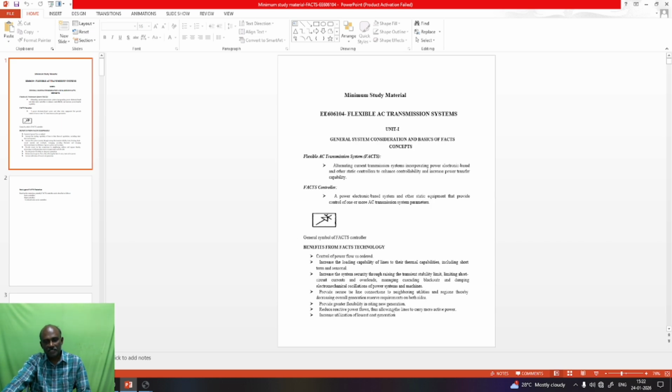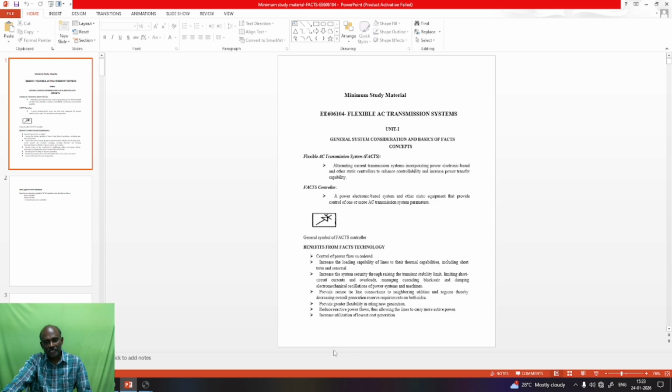It provides greater flexibility in siting new generation. So new generation can be possible by this FACTS technology. It reduces reactive power flows, thus allowing the lines to carry more active power. The main function of the FACTS devices is the compensation of reactive power.